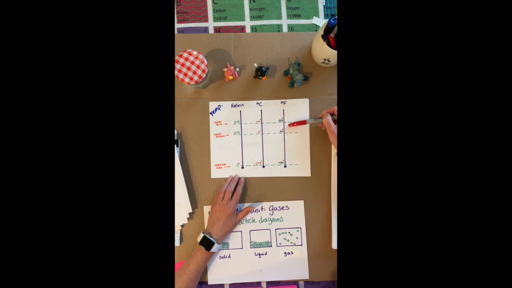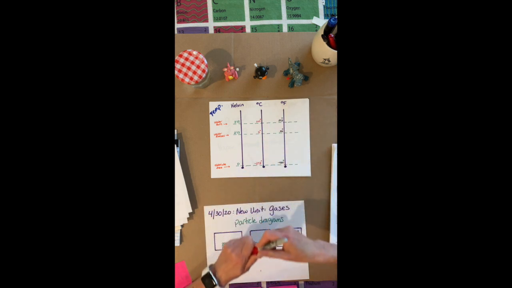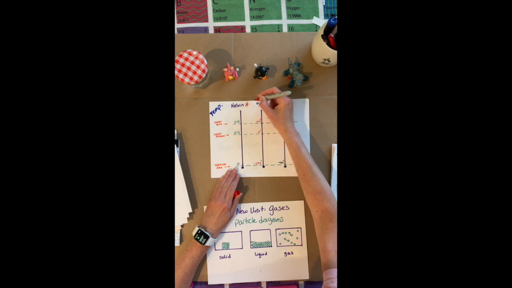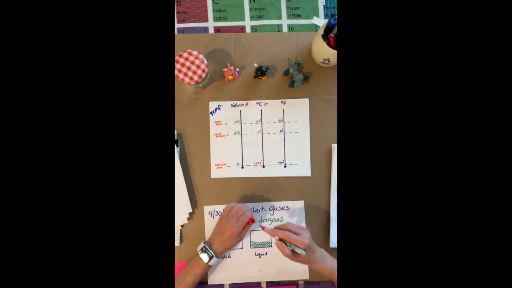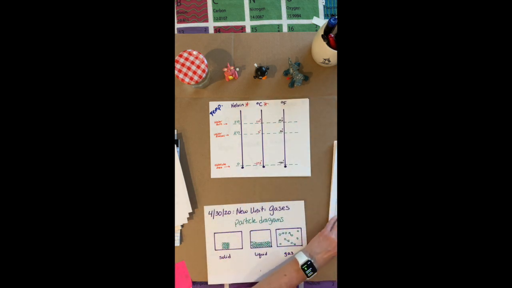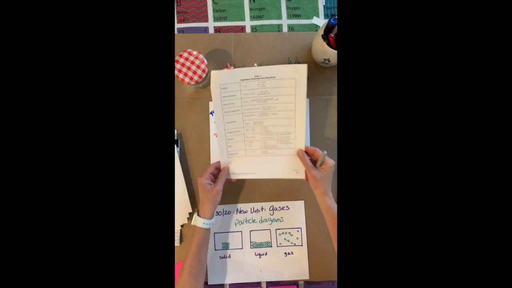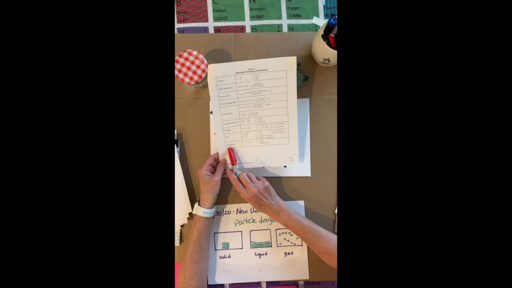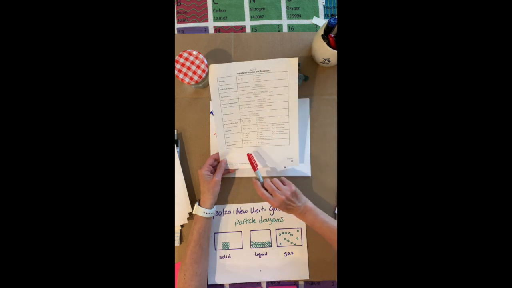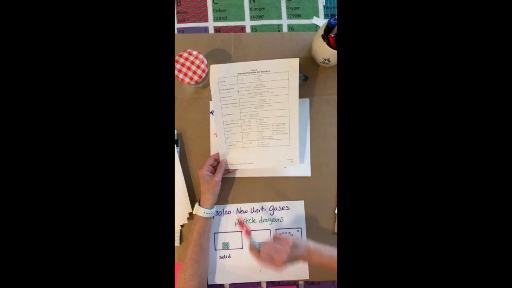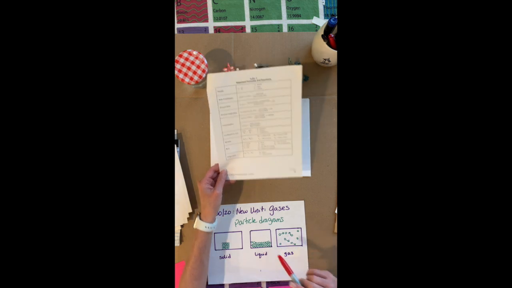So this is just to give you a point of reference, but we know as science folks, we're going to focus on Celsius and Kelvin. A quick reminder from earlier in the year, temperature is in Table T, and you can do your conversion back and forth between Celsius and Kelvin there.